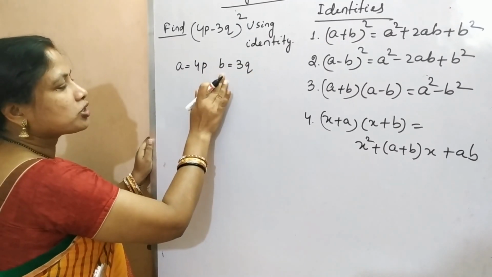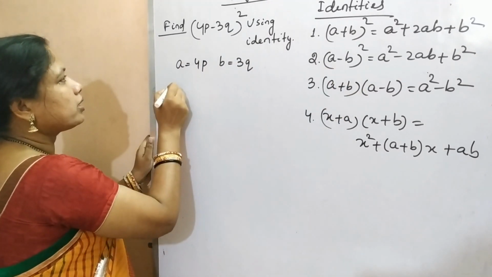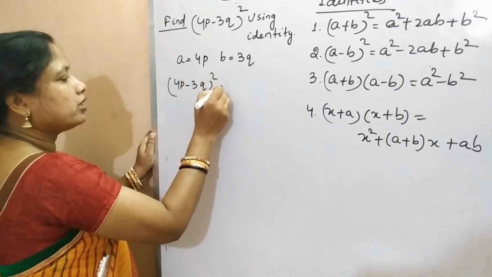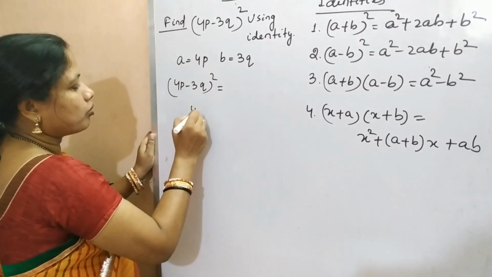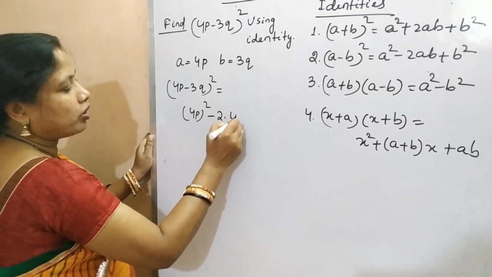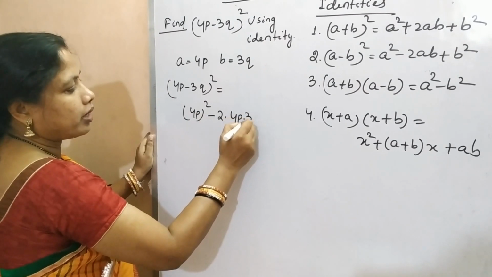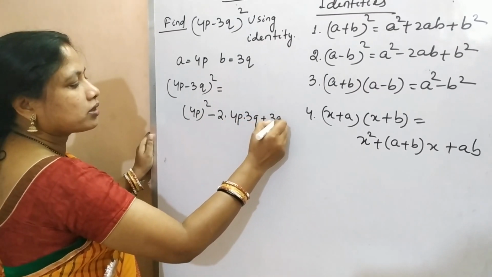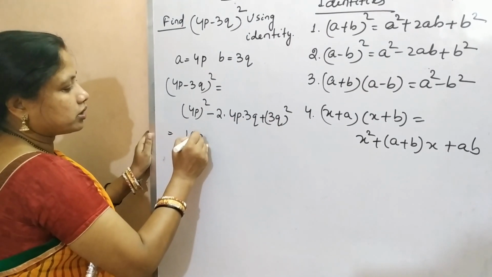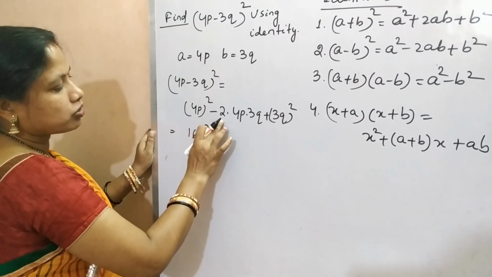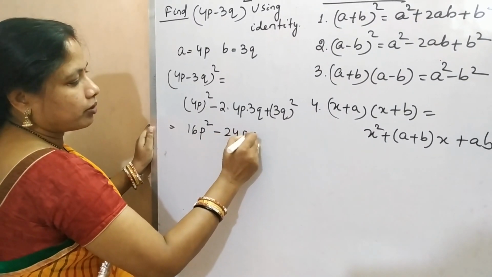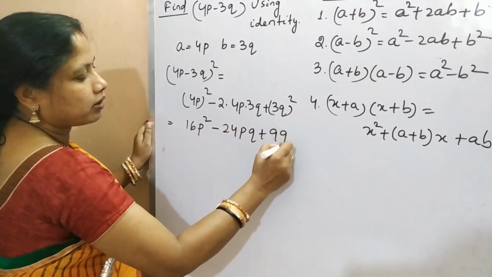So (4p - 3q) whole square is equal to a square, (4p) square, minus 2ab, 2 multiplied with 4p multiplied with 3q, plus (3q) whole square. So this is equal to 16p square minus 2 multiplied with 4 times 3, that is 24pq, plus 9q square.